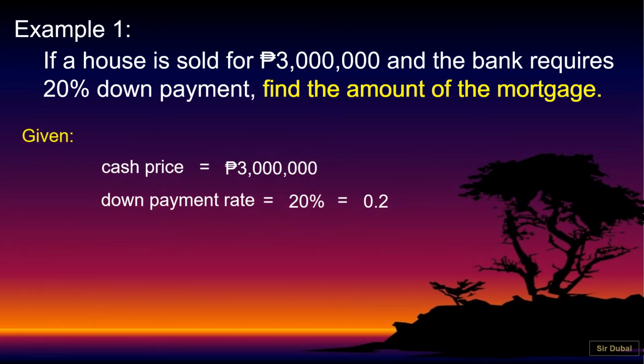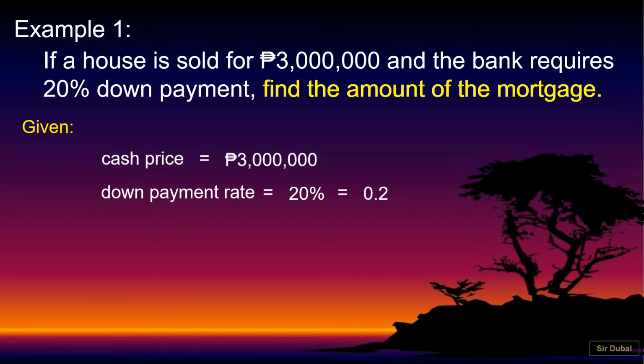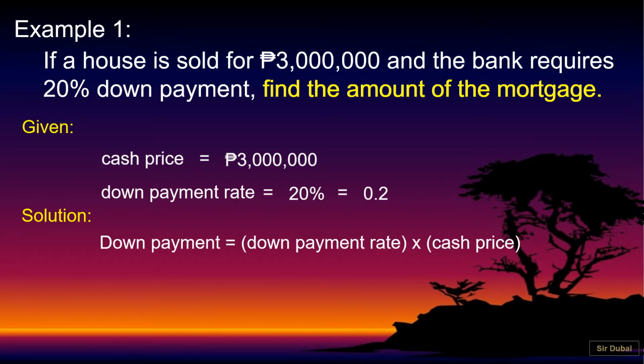Since we already have the given, the next step is to solve the problem, using the formulas we had a while ago. The first one is the down payment, which equals the down payment rate times the cash price. Our down payment rate based on the given is 0.2, and if we multiply it with the cash price, the result is 600,000 pesos.